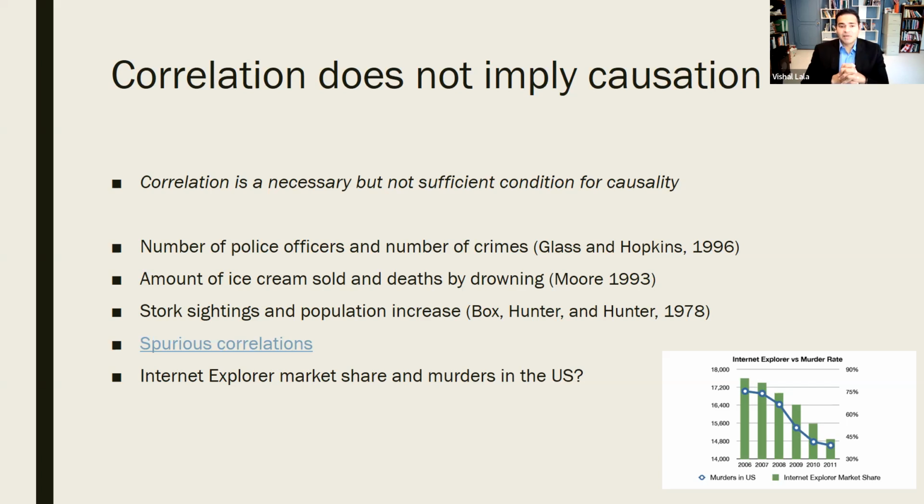If you think, you may very quickly realize that there's a common factor here: when ice cream sales are up, usually the weather is warm. When the weather is warm, people tend to swim a lot. So it's not the ice cream that's causing deaths by drowning. It's probably the fact that it's warm weather that's encouraging people to eat ice cream and also go swimming. If more people jump in the water, you'd expect that quite naturally deaths, unfortunately, might go up.